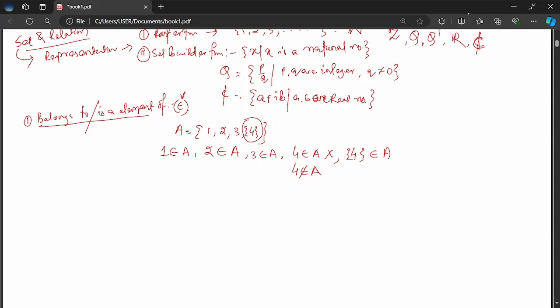Then we come to when sets are equal, equality of sets. First we discuss subsets, then we go to equality. So, what is a subset or superset? Subset and superset.